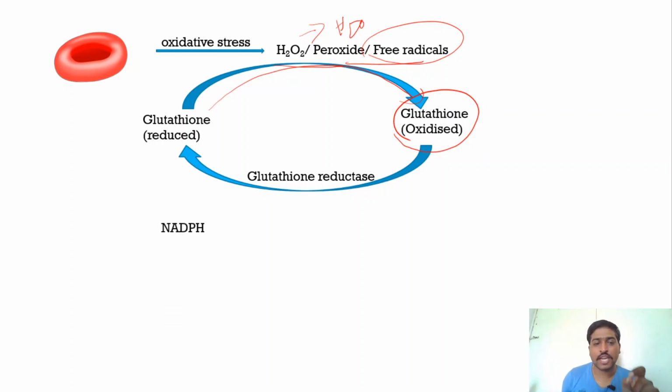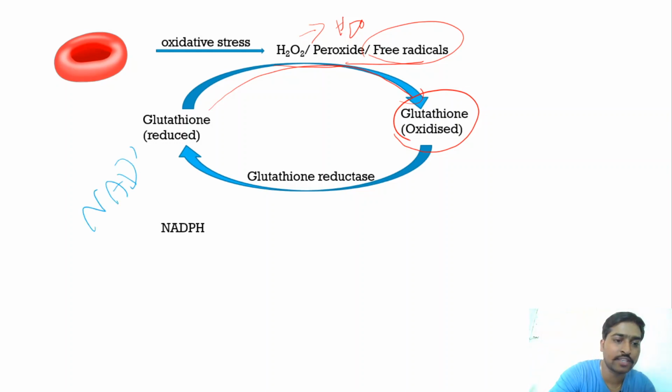Don't get confused here, it is not NADH, NAD plus or NADH plus H plus, because NADH completely produces energy, whereas NADPH will never produce any ATP. So remember this differentiation.